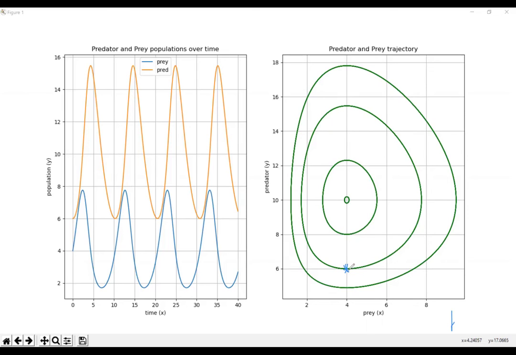So if I take the x and y coordinate over time for the Lotka-Volterra system, I can draw a trajectory throughout this xy plane here. So to speak, different choices of starting populations put me on different trajectories here throughout the xy plane.